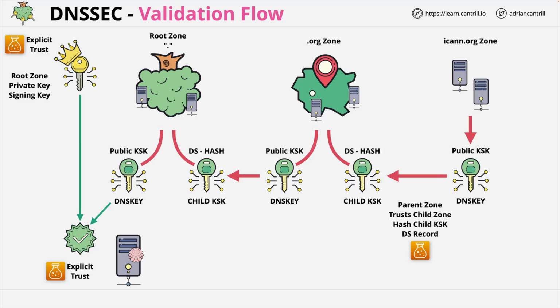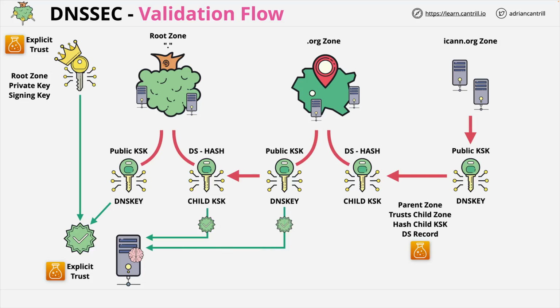So the root zone key signing key has signed the root zone signing key. This has signed the .org DS record in the root zone, so this can now be cryptographically validated. This record matches the public key signing key in the org zone, and so this too can be cryptographically validated.